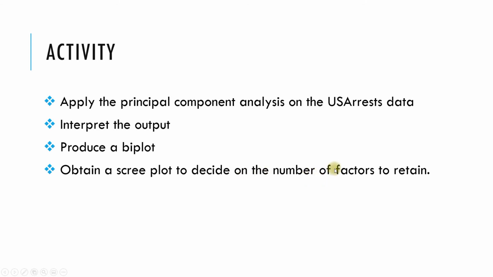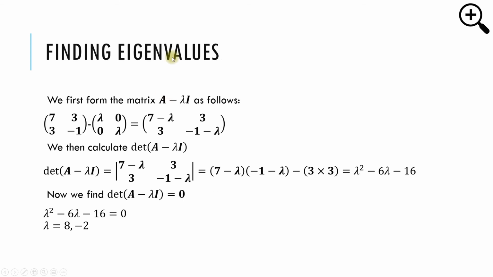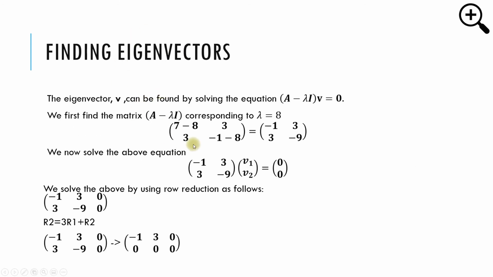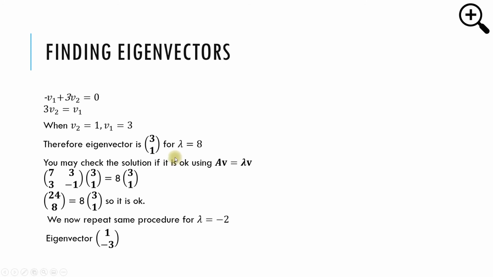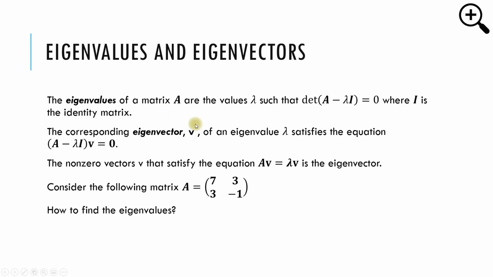And as I said to you, this is not discussed in this module, but you have the eigenvalues and eigenvectors that are explained here. How do you find eigenvalues and how do you find eigenvectors? These are explained in these different slides that you can go through on your own. In any case, you've already gone through them in your previous modules, so these are disregarded in the explanation here.